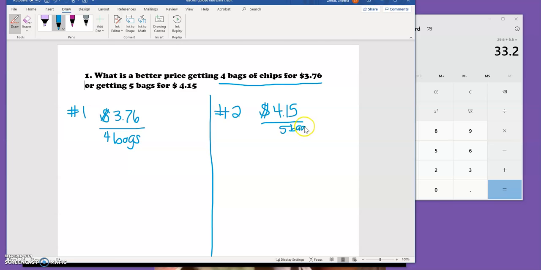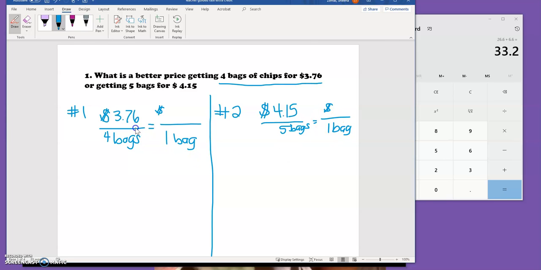And by including a label, it just makes it easier to distinguish what the information is actually going to be telling us. To find a unit rate, we're going to find how much for 1. So in this case, we're going to find the dollar amount that we would pay for 1 bag of chips.